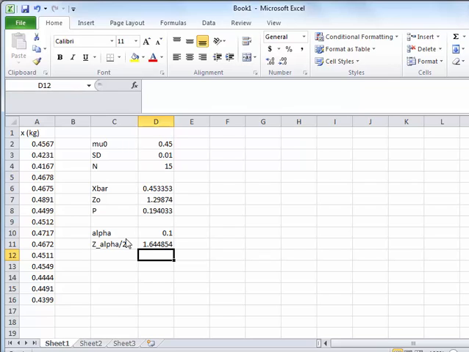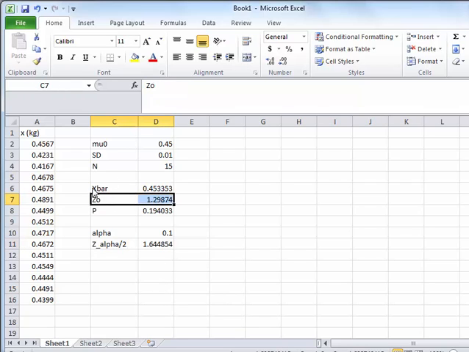And we get a z alpha value of 1.645. In this case, you can see that our z alpha over 2 value is greater than our z-naught value, so we can accept the null hypothesis because essentially we're determining that our z-naught doesn't fall into the critical region.